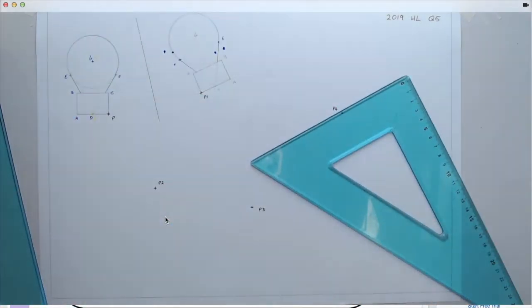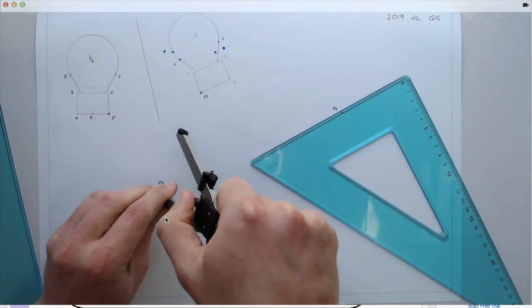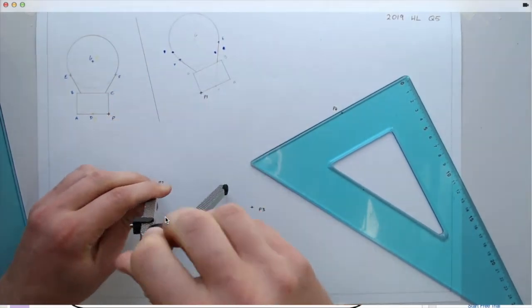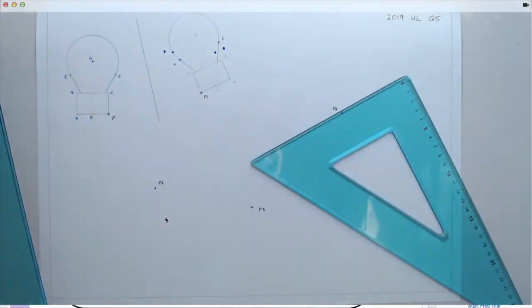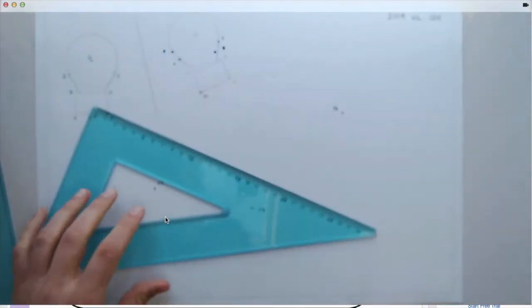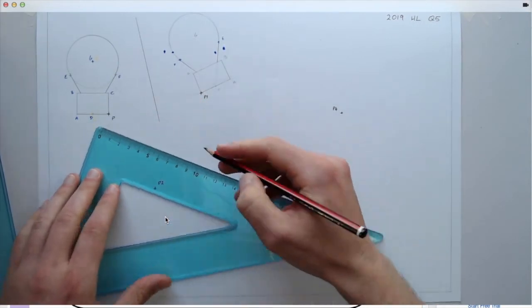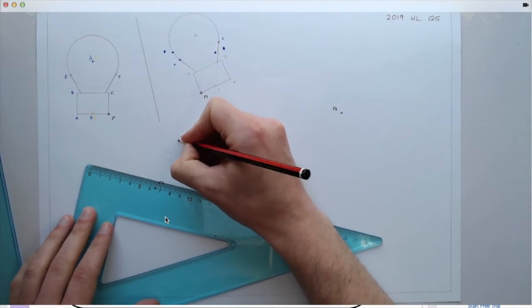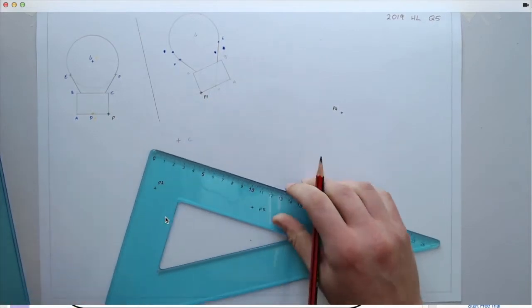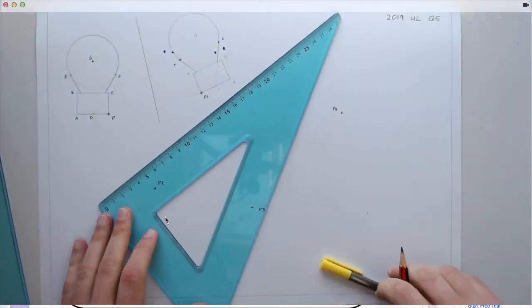And then I'm going to bisect again because I want a point that's directly in between the two of them. And I get my point there for my center for my symmetry. And then I can go and do my center symmetry as I would normally do.